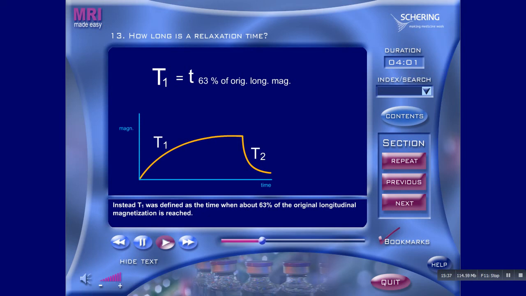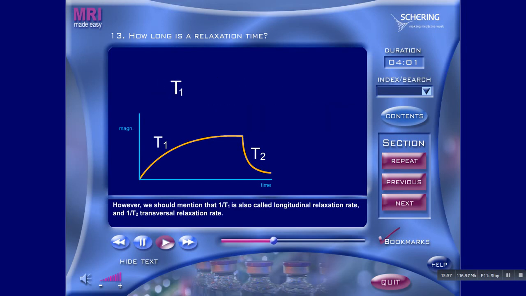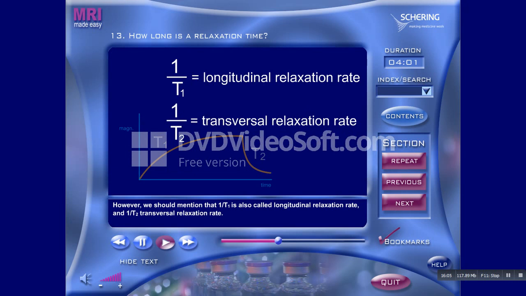T2 is the time when transversal magnetization decreased to 37% of the original value. These percentages are derived from mathematical equations, but we do not want to go into more detail here. However, we should mention that 1 over T1 is also called longitudinal relaxation rate, and 1 over T2 transversal relaxation rate.